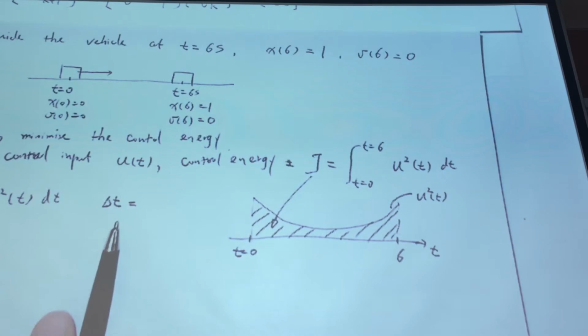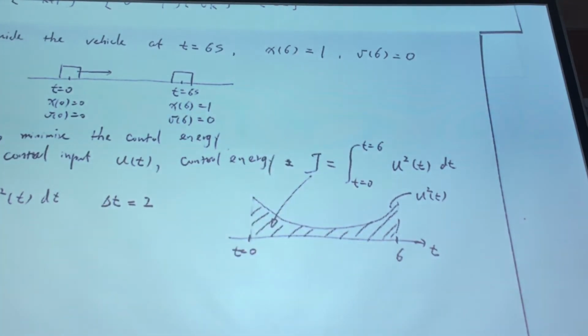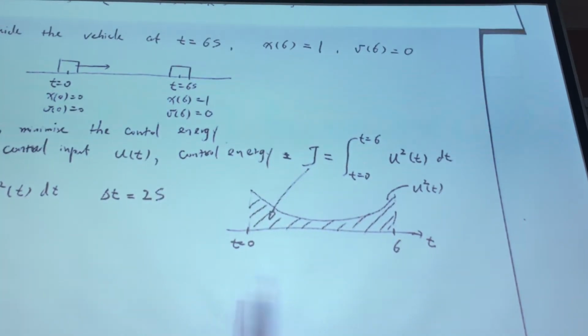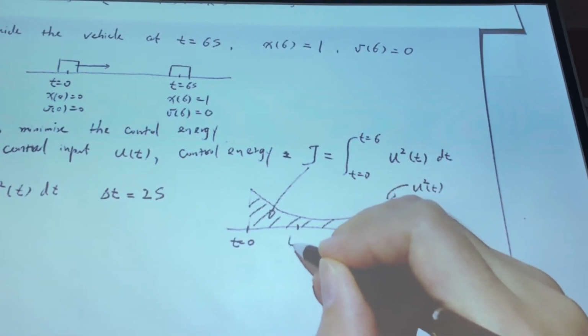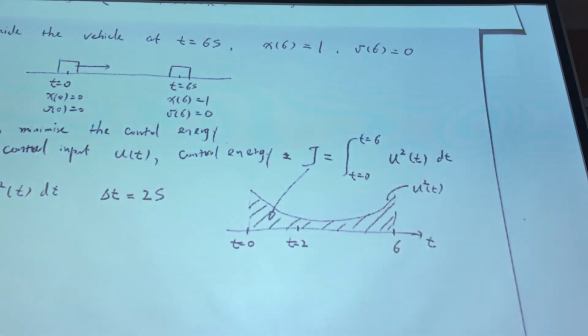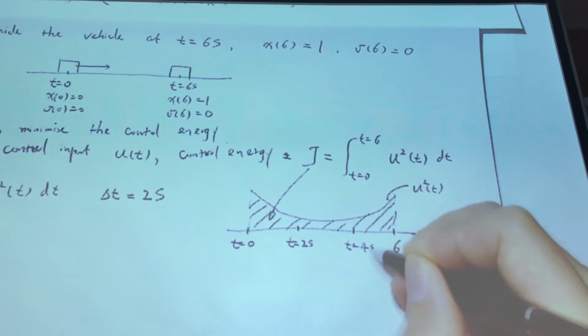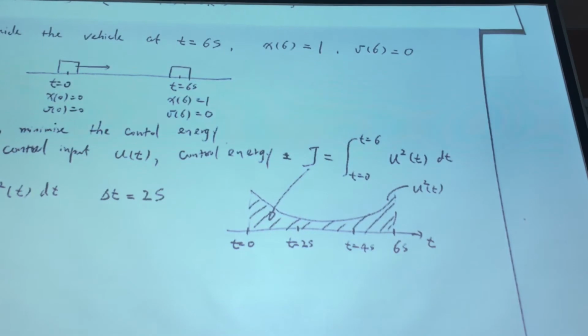In this case, for example, we choose delta t to be 2 seconds. So the time domain will be discretized as t equal to 2 seconds, t equal to 4 seconds, and then 6 seconds. So we have delta t equal to 2.